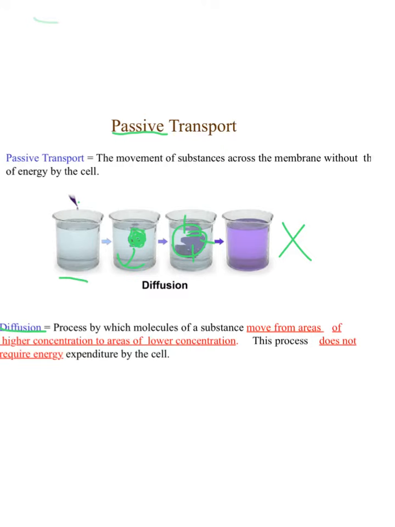However, if you don't know this definition or you can't apply it, you're in big, big trouble. So commit this to memory. All right? Molecules are going to move from areas of high concentration to areas of low concentration. And, hey, this is not going to require any energy.